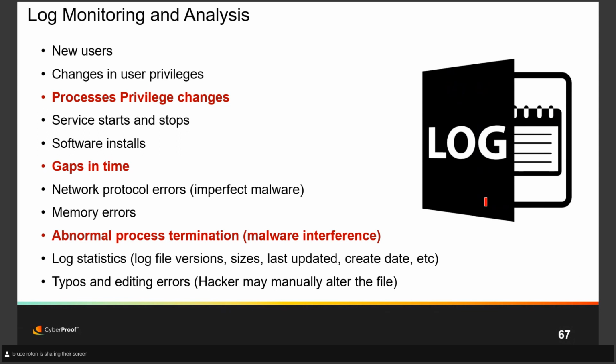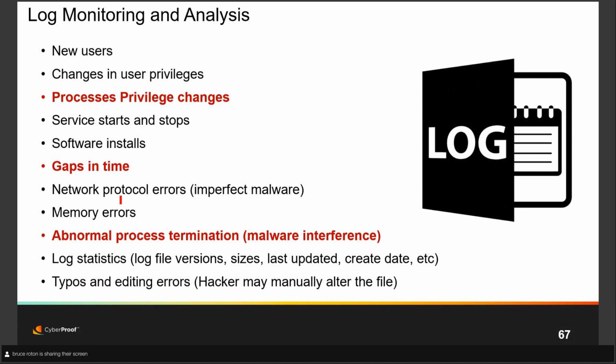But look for times when a service has stopped and restarted when you didn't do it. Software installs, gaps in time, there's a big one. If you're looking at the log file, and typically the application or the system logs every 30 seconds, and you see a 4-hour gap, well, that maybe was somewhere where a person who hacked into that system deleted that part of the log in order to prevent you from seeing their activities.